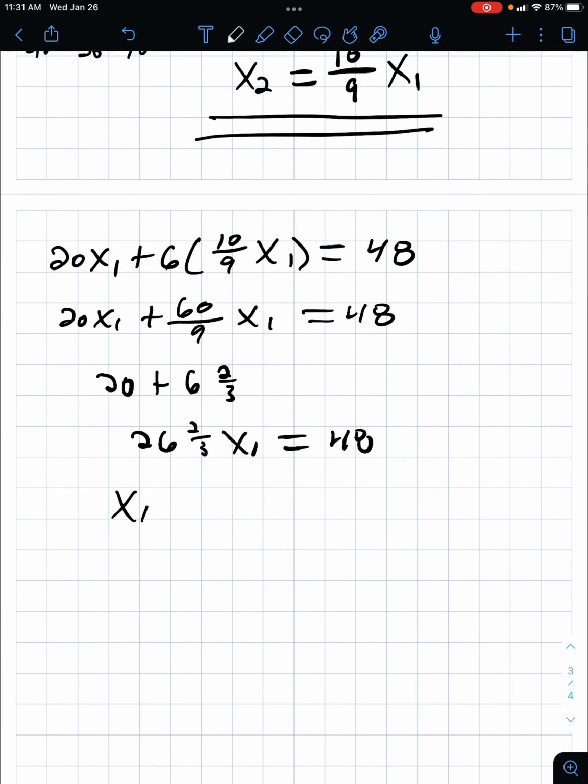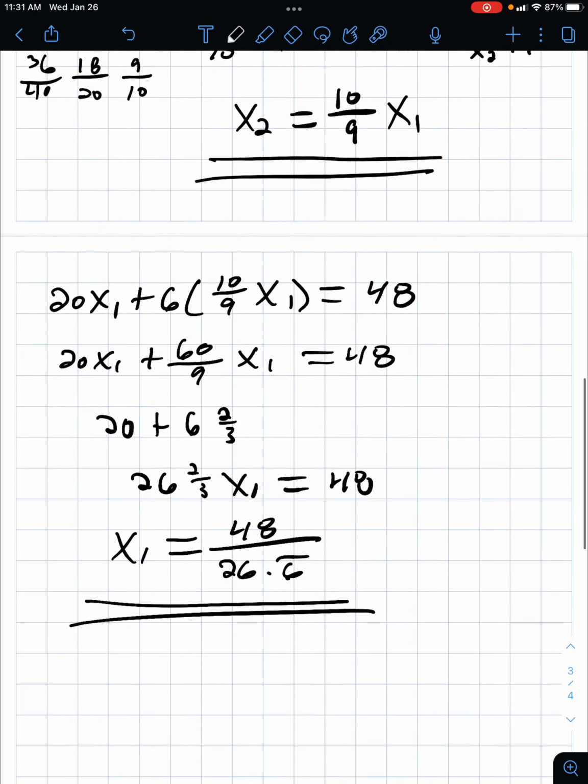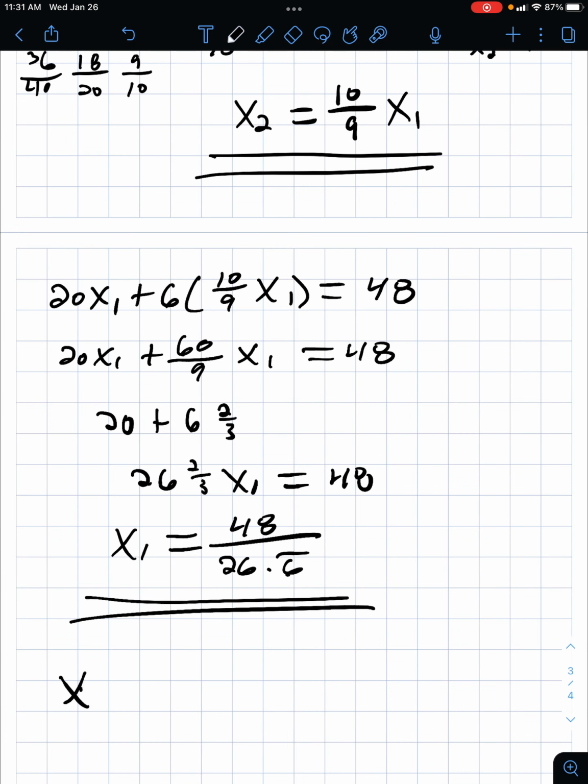So x1 is going to be equal to 48 divided by 26.6 repeating. So that's our demand for x1. And then to find x2's demand, we just plug in the value we got for x1 into our x2 demand, which is 10 over 9 times this 48 over 26.6 repeating.